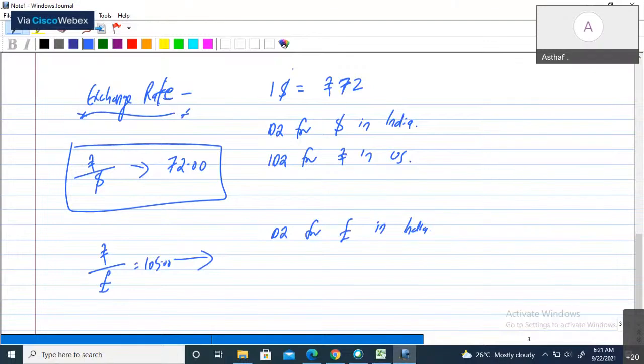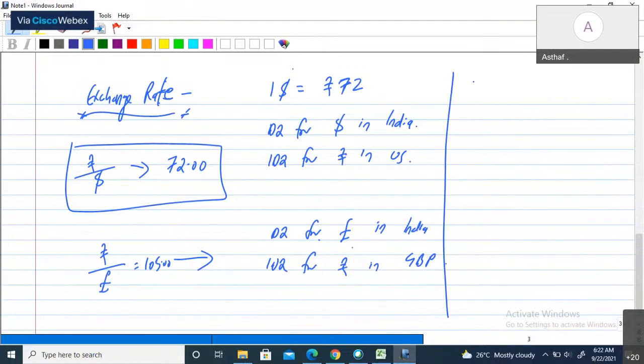The format is very simple: direct quote for the denominator currency in the numerator country. Now the indirect quote is for rupee in Great Britain, because the pound belongs to Great Britain.